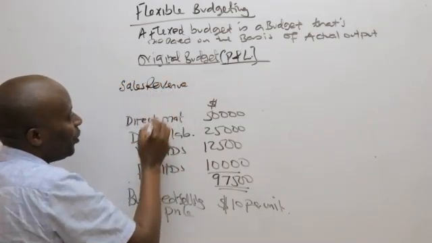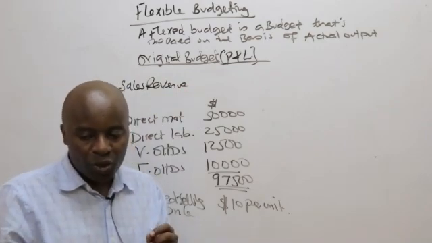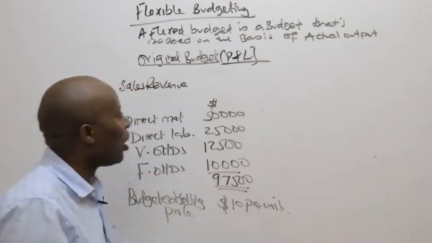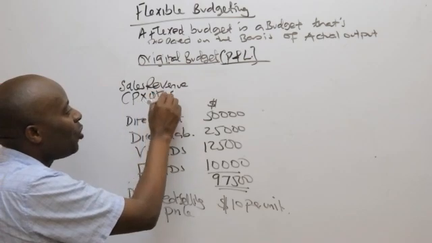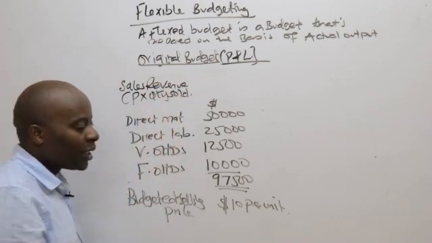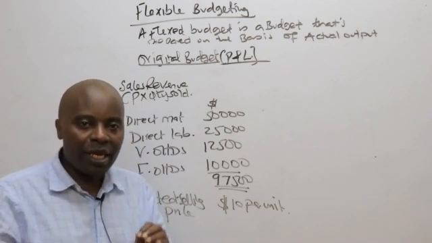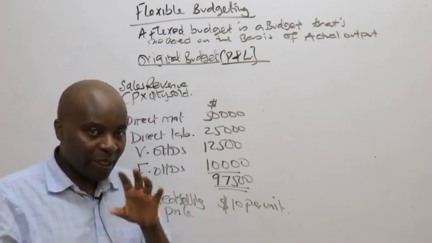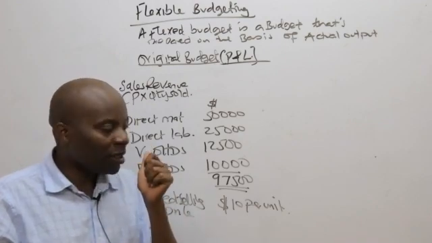Now, my great students, how do we normally get sales revenue? To get sales revenue, we take selling price times the quantity sold.